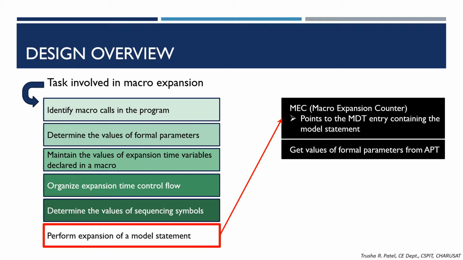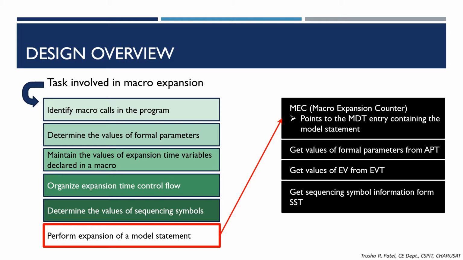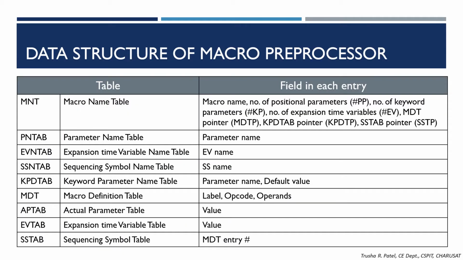To get the values for the formal parameter, we need to access the APT. To get the values of the expansion time variable, we have to access the EVT. And to get the values of the sequencing symbol, we need to access the SST.